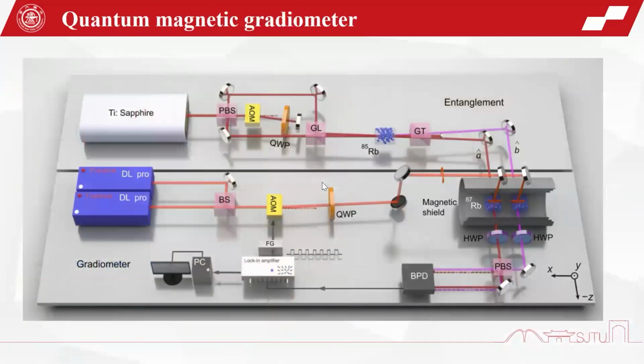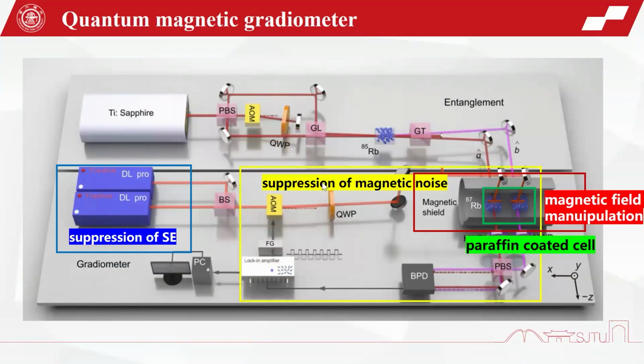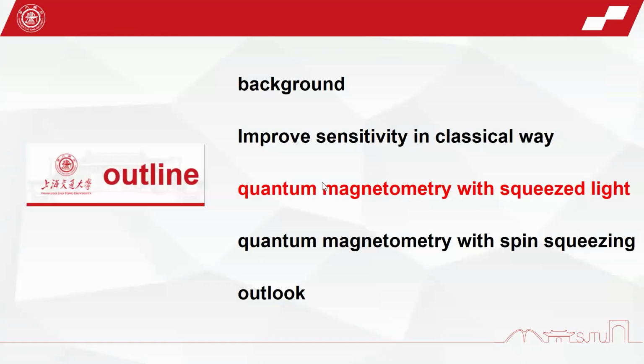So okay, with all of this, we manipulate the magnetic field, use a paraffin coated cell, suppress the spin exchange by pumping, and suppress the magnetic noise with a gradiometer. After all of this, we apply quantum entangled light to squeeze the photon shot noise.